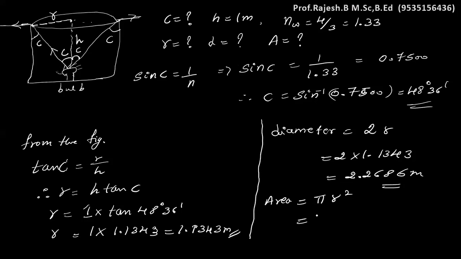Pi is 3.142 into r square, 1.1343 whole square. That is equal to, we are getting 4.0426 meters square.